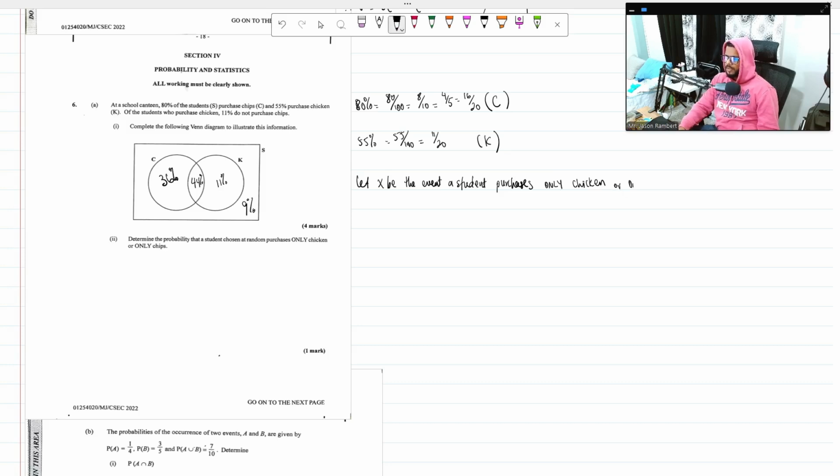We could get this from the Venn diagram. The probability of X is going to be equal to only chicken or only chips, 36 plus 11. That would be 47%, or 47 out of 100, because we're looking in percentages here.